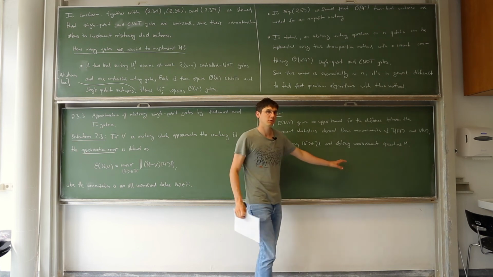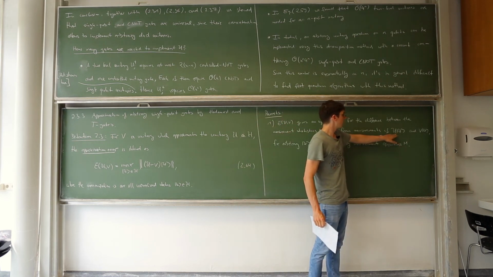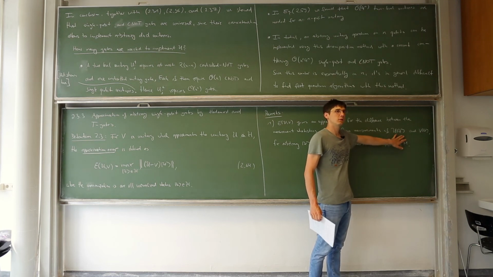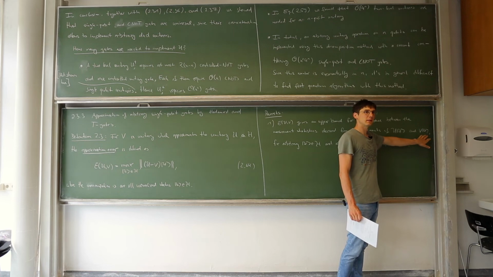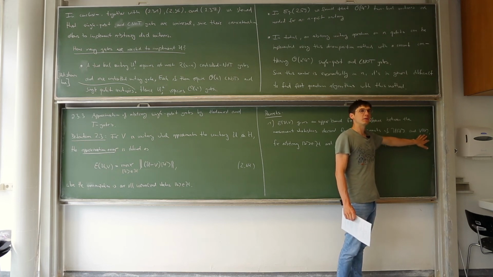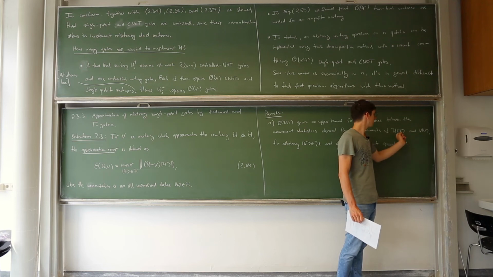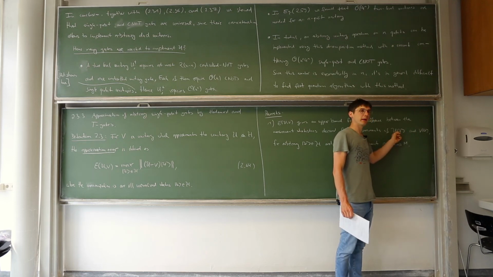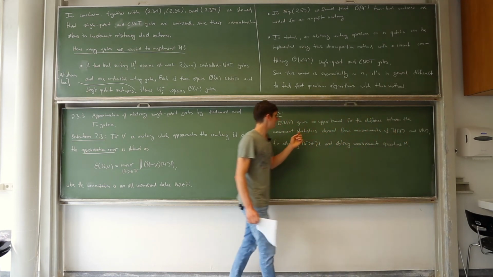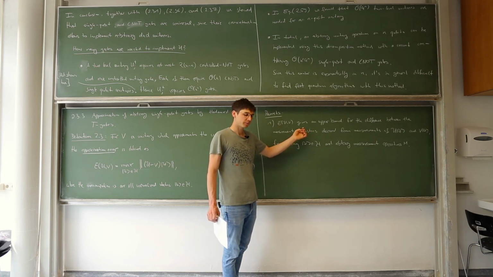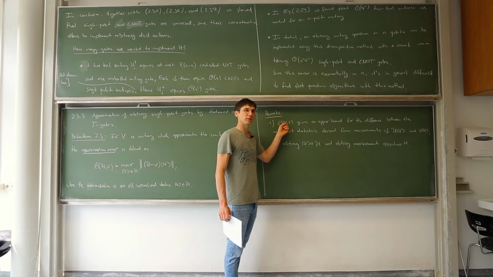Okay, let's recall this. Suppose you have this state U psi. Since U is unitary, this is simply a normalized state. And the state V psi, again, this is simply a normalized state since V is unitary. And now we perform any measurement on the state and then we compare the outcome, by which I mean that we calculate the difference of the probabilities. What this states is that the difference of these outcomes is bounded from above by this approximation error.